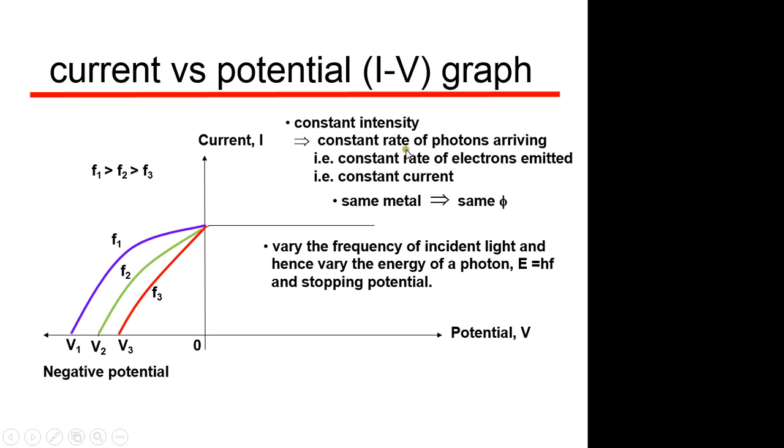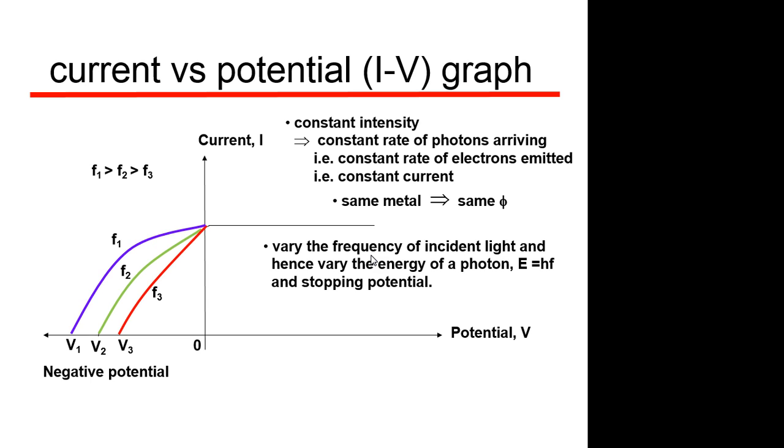With a constant rate of photons, you have a constant rate of electrons, hence the current stays the same. For the same metal, you have the same work function. If you then vary the frequency of light, you are making something very constant. Here, you must be very careful. Can you indicate that you are fixing, for sure, the rate of arrival of photons?